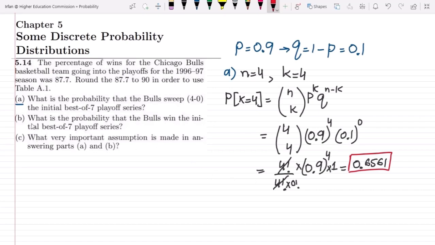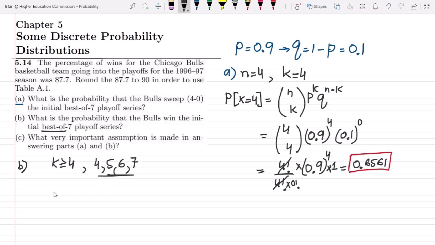Now in part B, what is the probability that the Bulls win the initial best of 7 playoff series? Winning the playoff series means that it is playing best of 7, and it will win the series if the number of wins is greater than or equal to 4, meaning the values 4, 5, 6, 7.